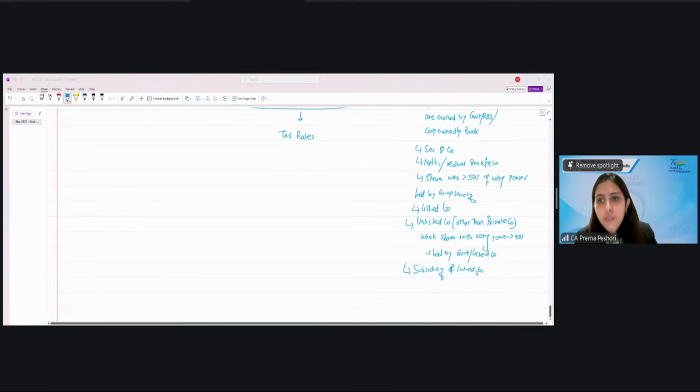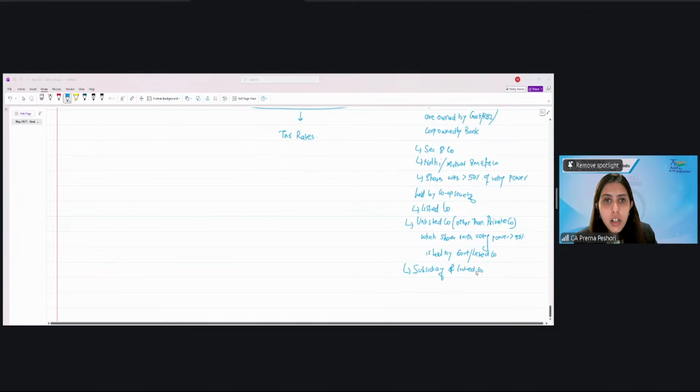And this 50% is considered as 40% in case of an Indian company in ship construction business or manufacturing or mining or generation or distribution of electricity. Are we clear?